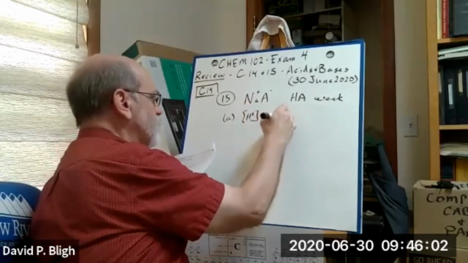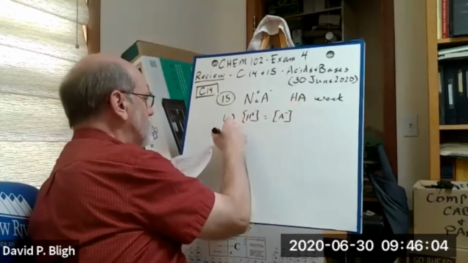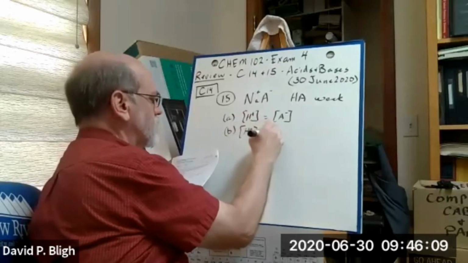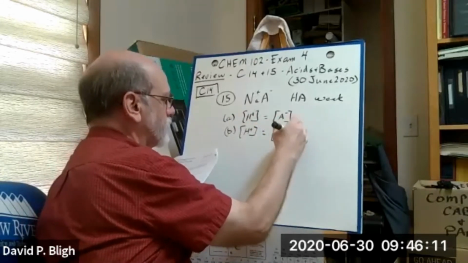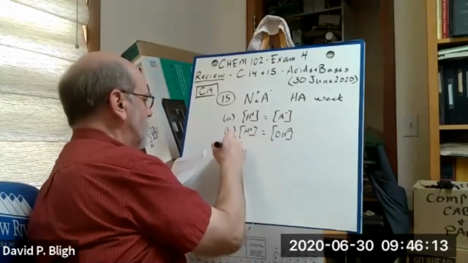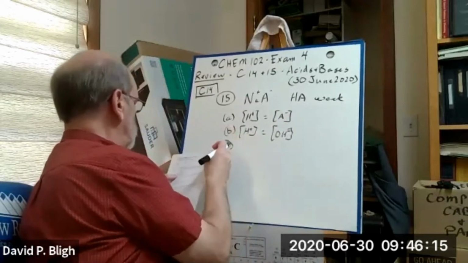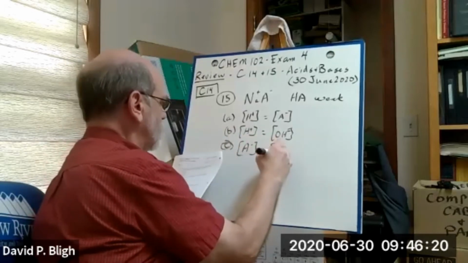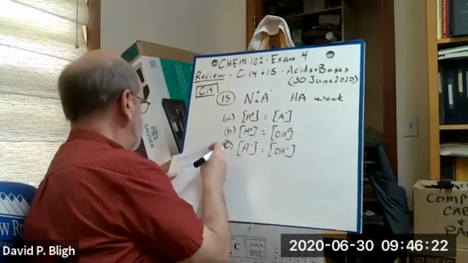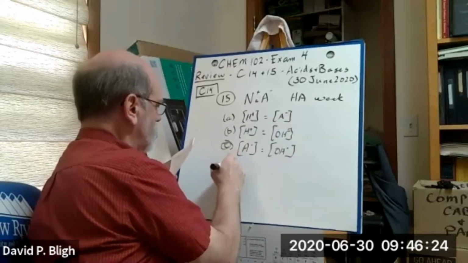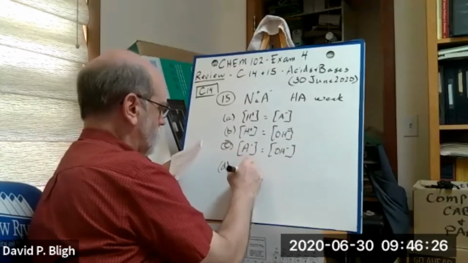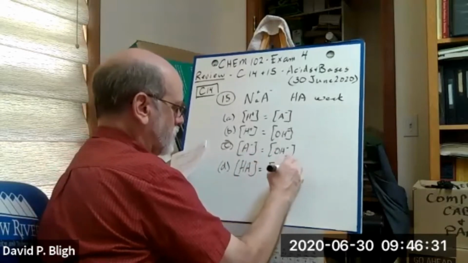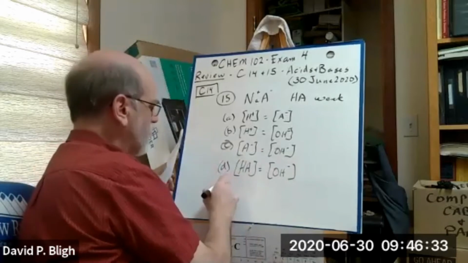Is that one equal to that one? Or this one equal to that one? Is this one equal to that one? Or is this one equal to this one? Or none?